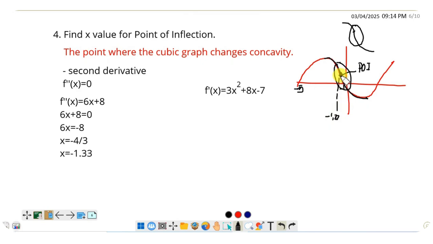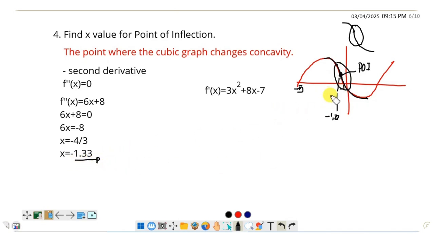The graph changes somewhere; from here it comes like that, going outside, going inside. So you cannot say negative 5 plus 1 because the graph is not symmetrical. It changes here. That's why you cannot find the point of inflection by just taking the midpoint of the x-intercepts.